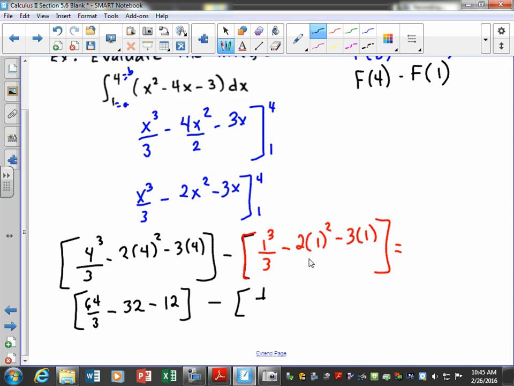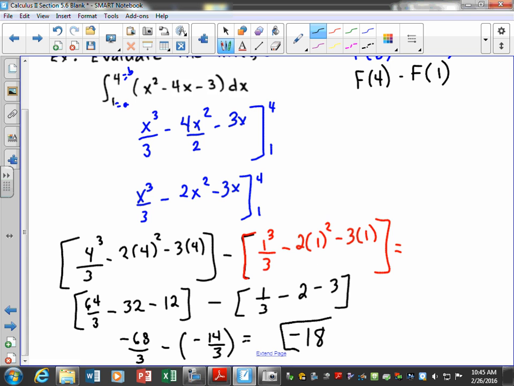Over here I'm just going to have 1/3. 1 squared is 1 times 2 is just 2, minus 3. So when I simplify this, I got negative 68 thirds minus a negative 14 thirds, which simplifies to negative 18. So check that, make sure you agree.